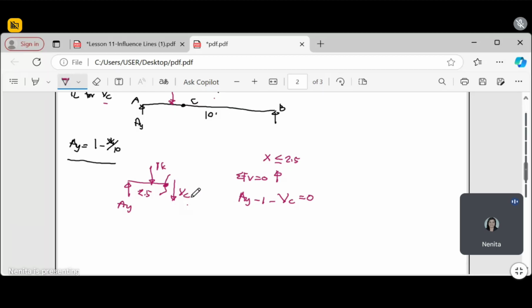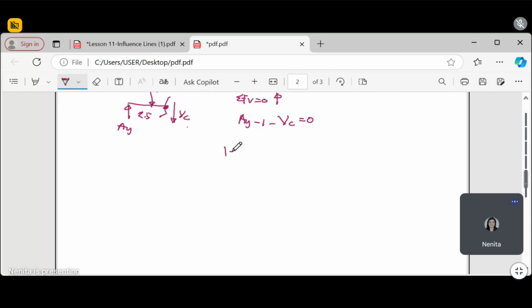Ang sa right side, upward siya. Okay? So therefore, with this equation, alam na natin class ang value ng AY? Anong value ng AY? That is 1 minus x over 10. Minus 1 minus B sub C is equal to 0.